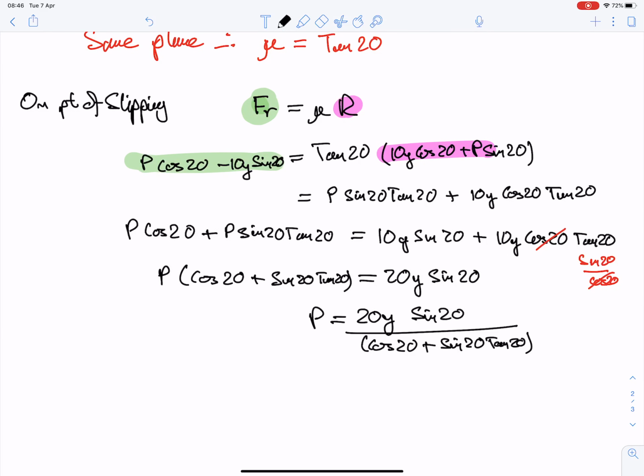And then that's going to require a little bit of tapping in the calculator, isn't it? It's not easy to get that anywhere close in my head, but it should come out to be 82 newtons to 2 SF.